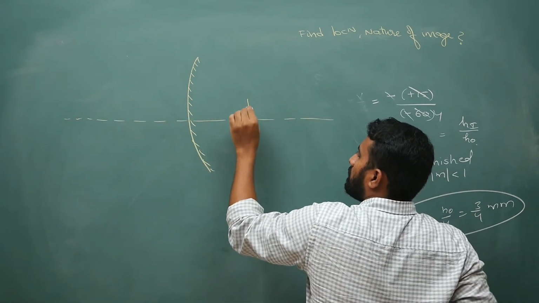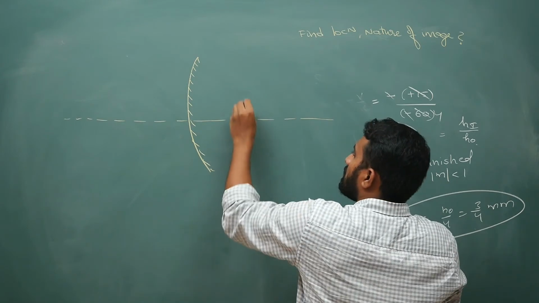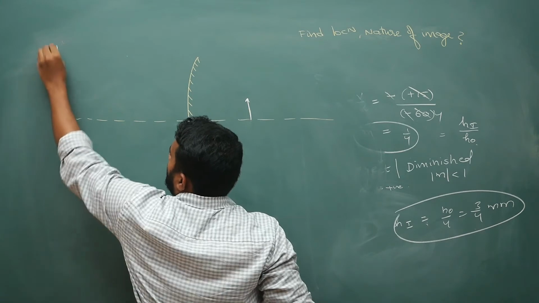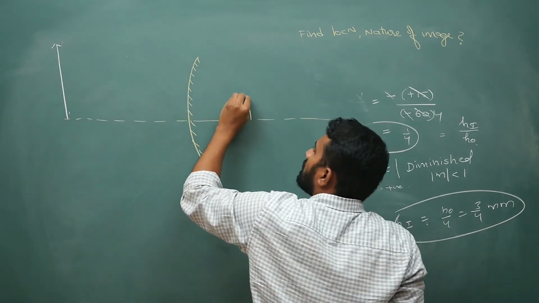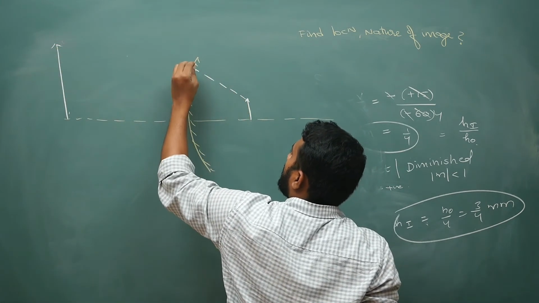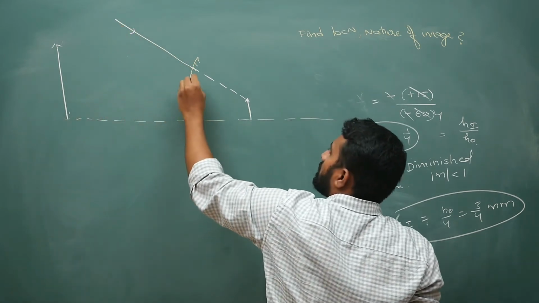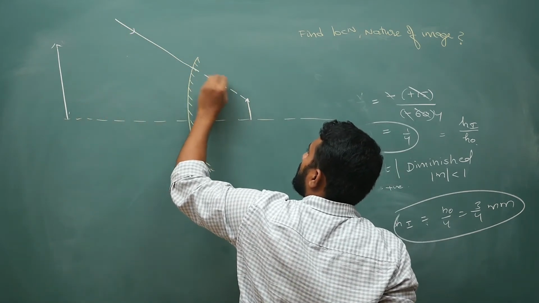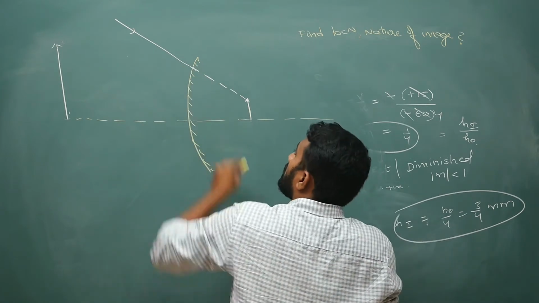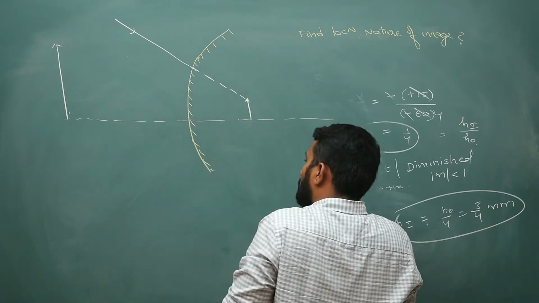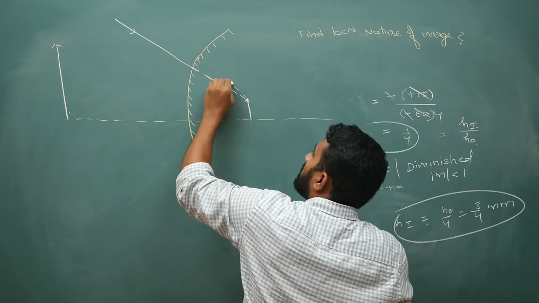So you have your image here, you have your object here. Just simply draw a dotted line, draw a ray like this, then take one more dotted line from the image.